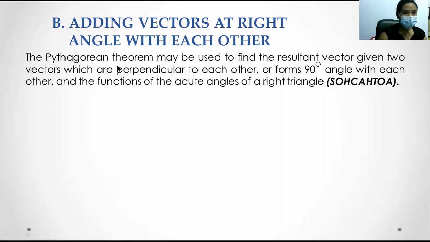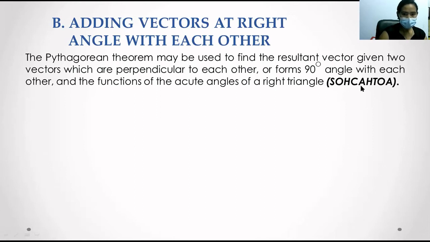So the Pythagorean theorem may be used to find the resultant vector given two vectors which are perpendicular to each other, or form a 90-degree angle with each other, and the functions of the acute angles of a right triangle are summarized as SOHCAHTOA: sine of angle theta is equal to opposite side over the hypotenuse.